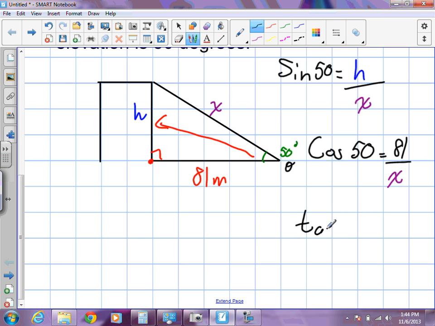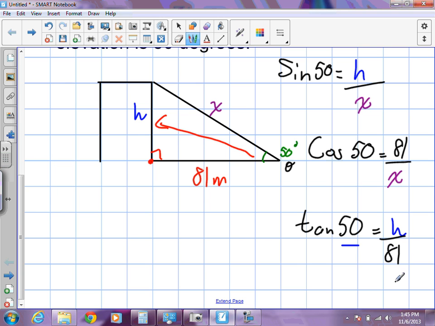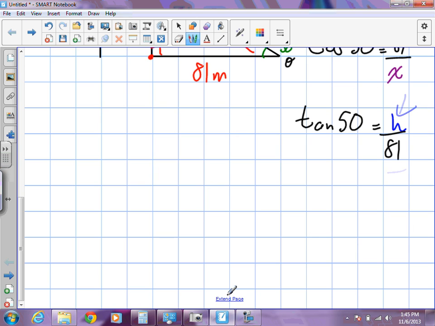Tan 50 is O over A, which is opposite, which is the height, equal to our adjacent. What is our adjacent measurement? 81. In this one, I have 2 out of the 3 pieces, and h is what we're looking for. So I'm able to solve for h. This is a pretty easy step from here. I'm going to move this formula over.